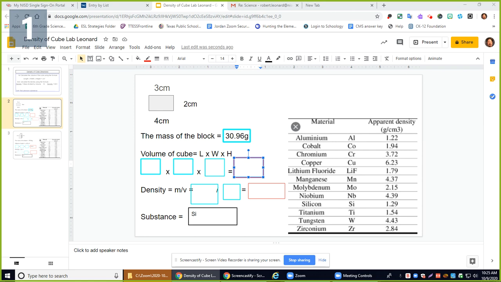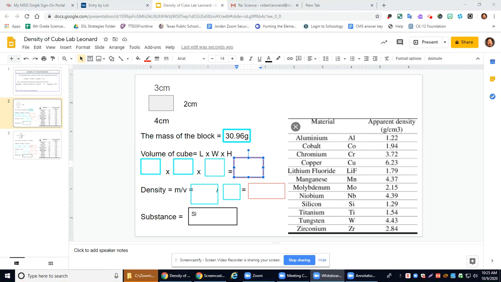This is what you need to write down. All right, so first thing, everybody draw a cube.